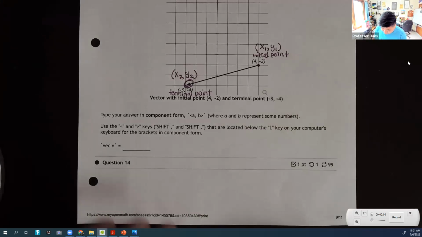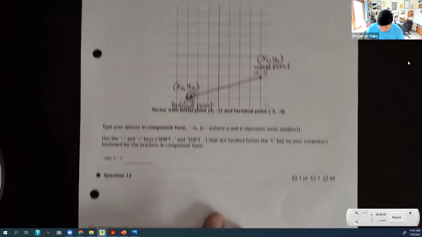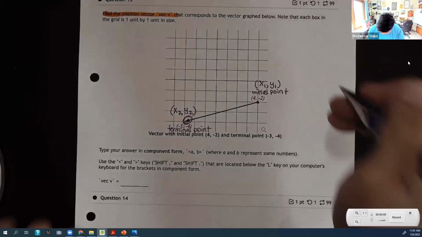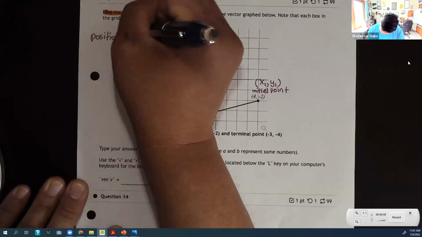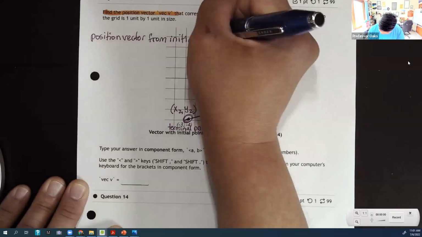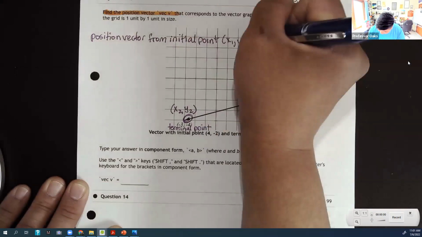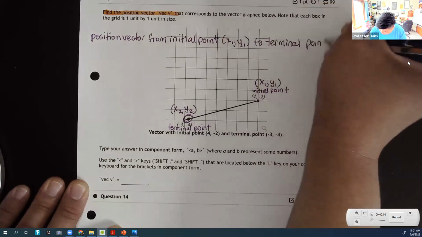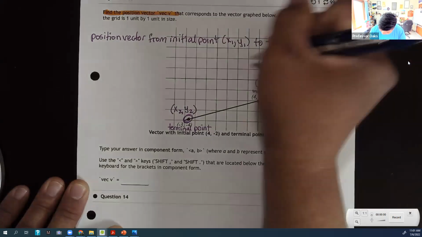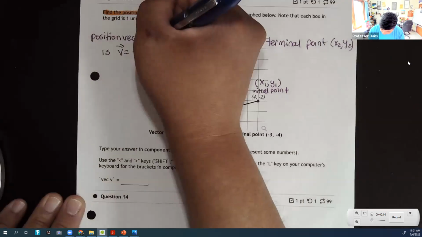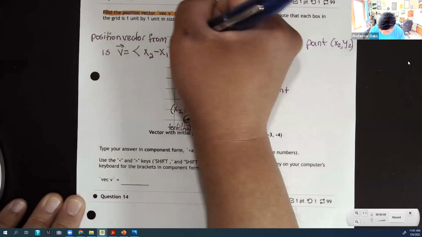So if they say, like this problem did, find the position vector from initial point x1, y1 to terminal point x2, y2, then v is equal to x2 minus x1 and y2 minus y1.